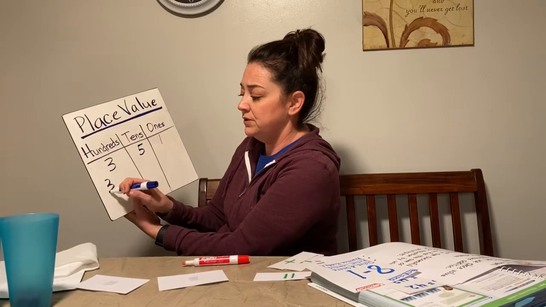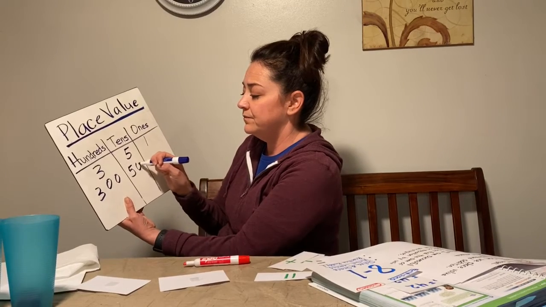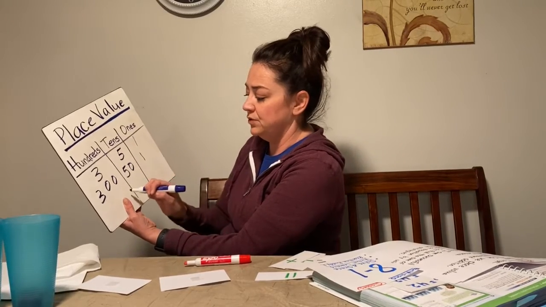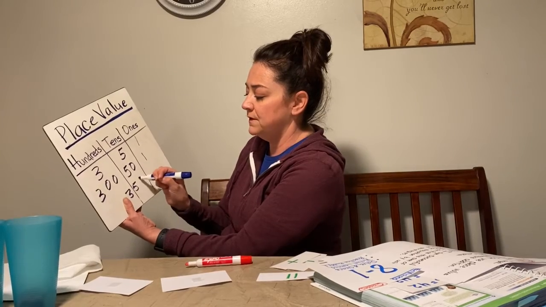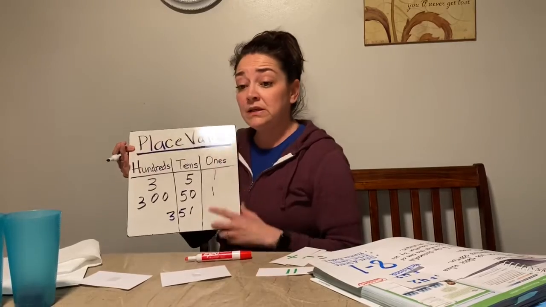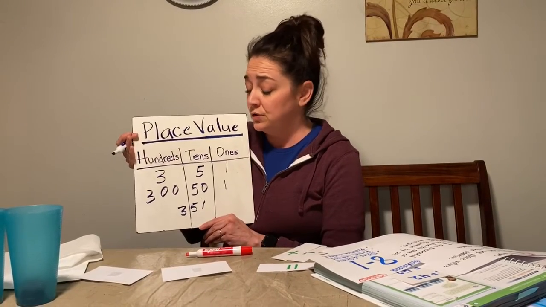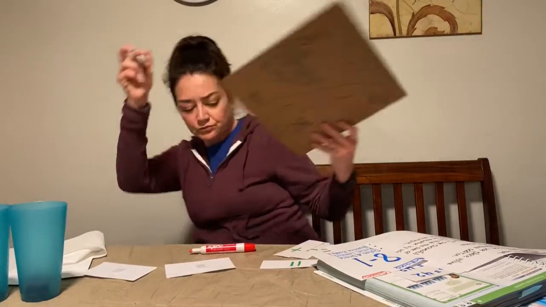Because there's 3 hundreds, 5 tens, and 1 one, okay? So your number is 351. So you're going to be really needing to remember your place value during this lesson, okay?